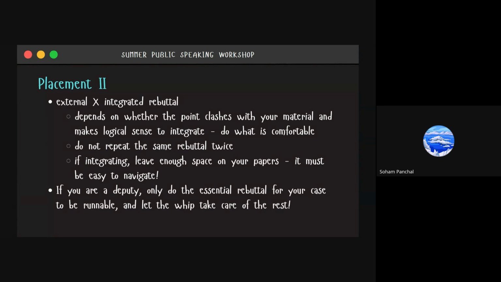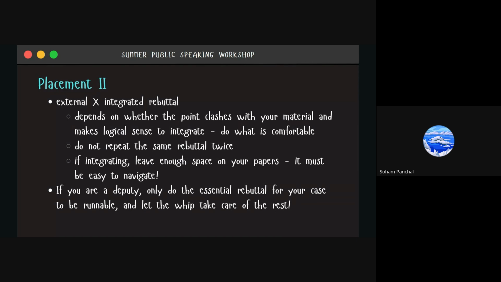And if you're a deputy prime minister or a deputy leader of opposition, then rebuttals should be only the essential ones. The first priority, high priority rebuttals should be taken up by you, just to keep your case from being totally taken down by the opposition, and also save you some time to put down the impacts, and totally flesh out and elaborate on your case.